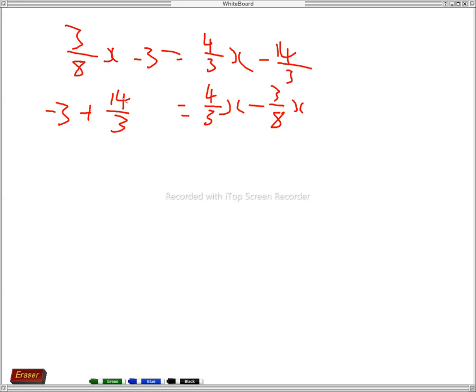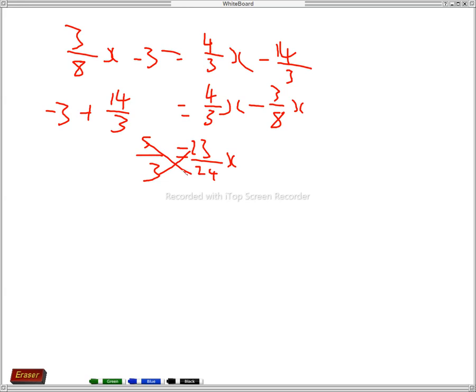My answer is 23 over 24x, and on this side, moving on, negative 3 plus 4 over 3 is 5 over 3. So let's cross multiply here. So 5 multiplied by 24, not 4.